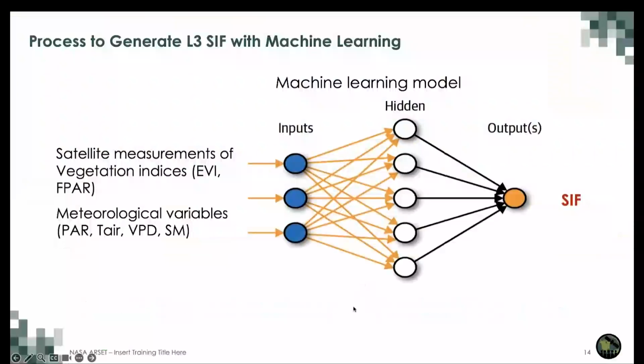This schematic plot illustrates a general process that has been used to generate level 3 SIF products.